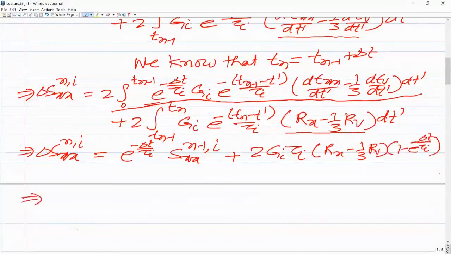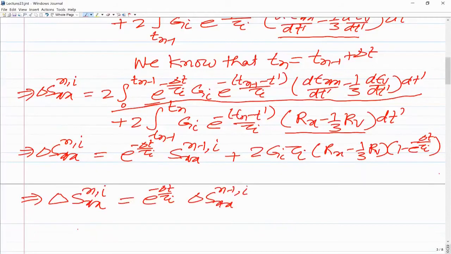So then finally the final recursive relation for this Sxx n comma I is that delta of Sxx n comma I is equal to e to the power minus delta t upon tau I into delta Sxx n minus 1 comma I, and plus we have twice of gi tau I, and we divide and multiply it by delta t.